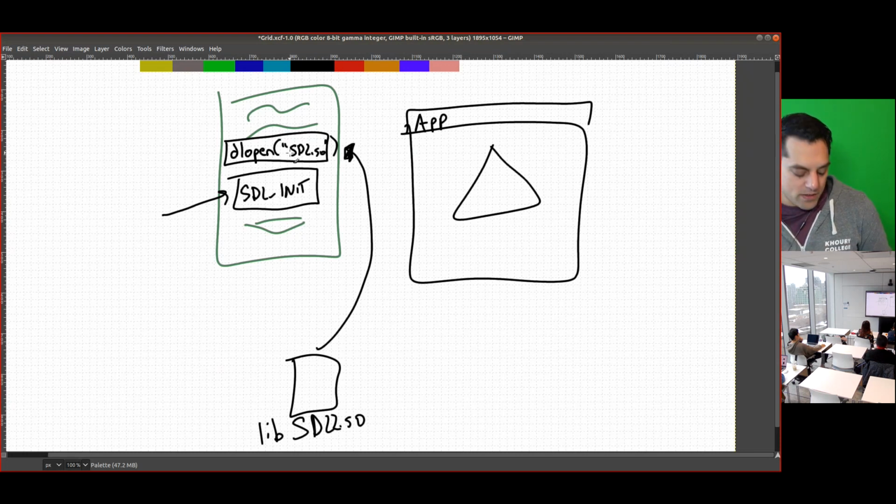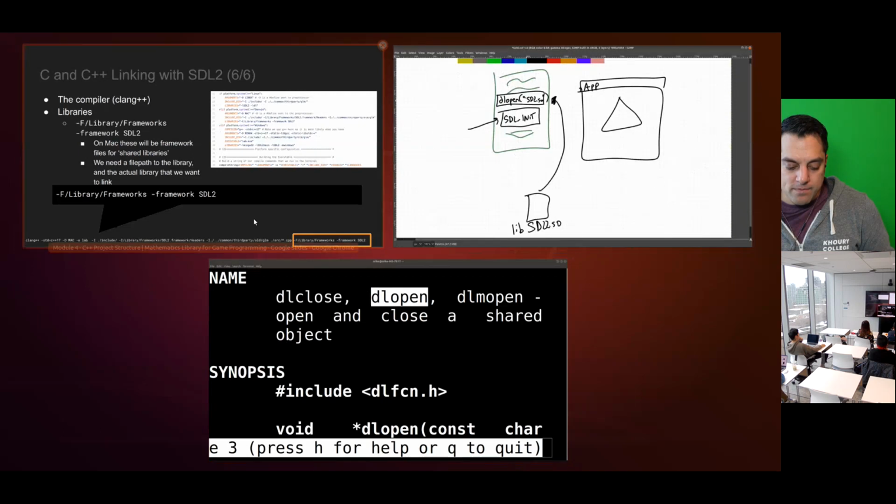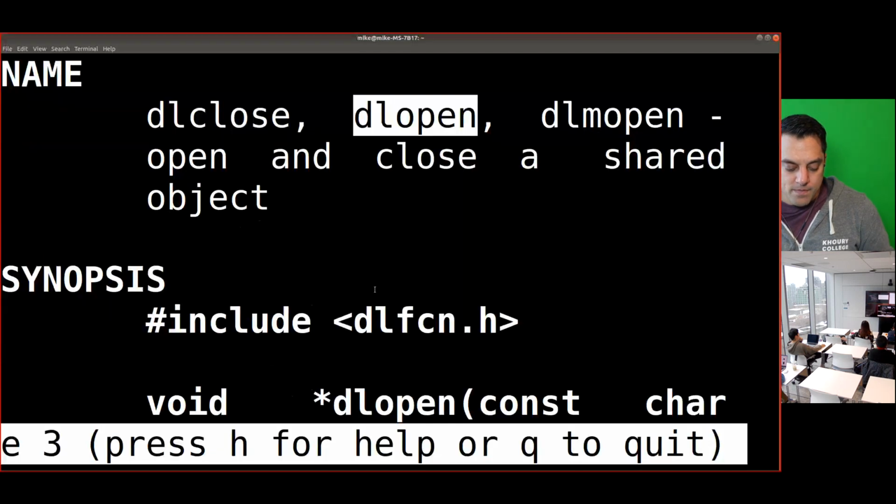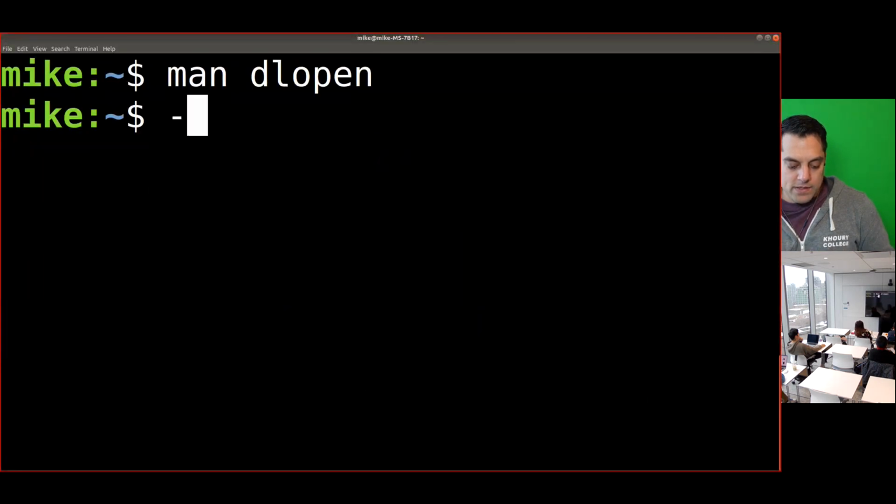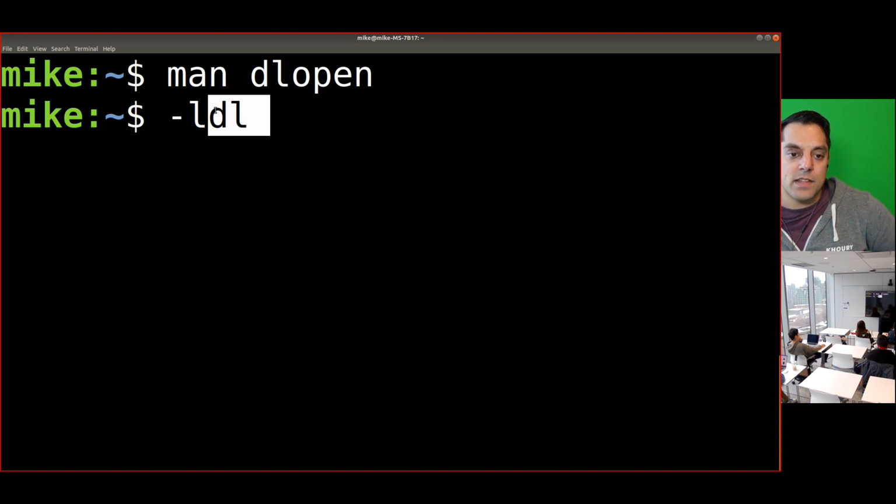So the DL, and why we're including that in our command line, this -ldl, is so we have that capability to load libraries at runtime, if that makes sense. And we're actually going to play around with this a little bit, because when we think about our game engines, especially for folks who have used Unity that are loading in scripts, for instance, that's kind of the same idea.